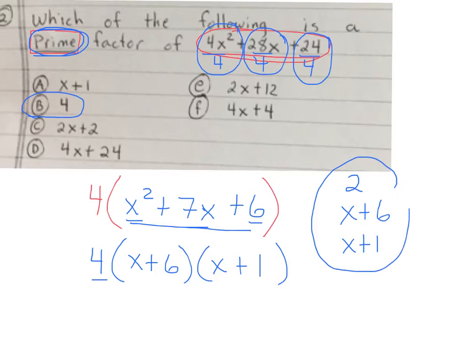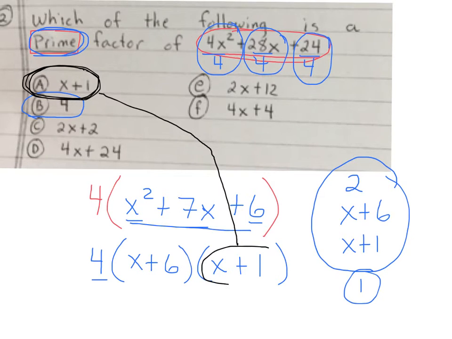These are all the prime factors, and I probably should list 1 as well. Okay? Now, which one's up there? Well, you can see A is our answer, isn't it? Because x plus 1 goes into it right here, and x plus 1 is prime. The reason x plus 1 is prime is because nothing can be factored out of it.